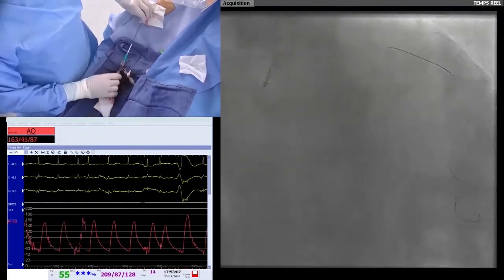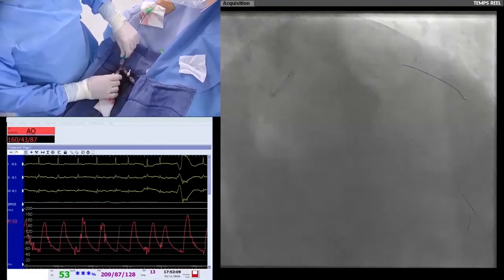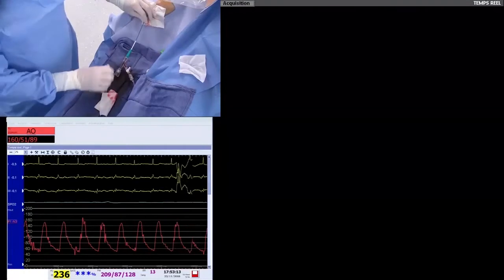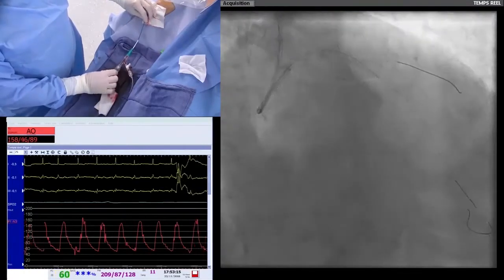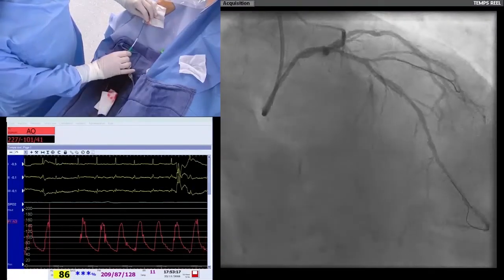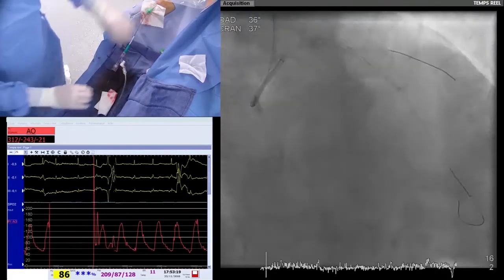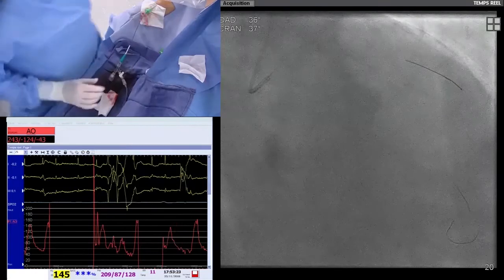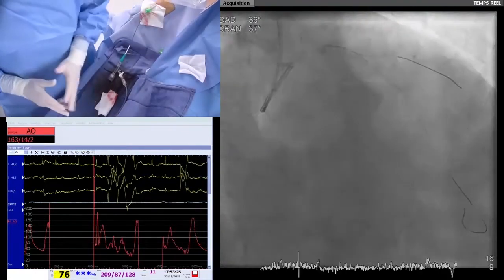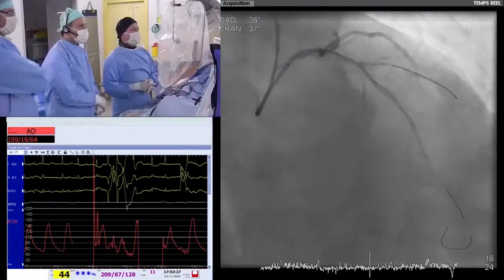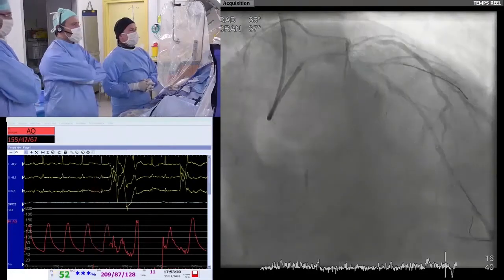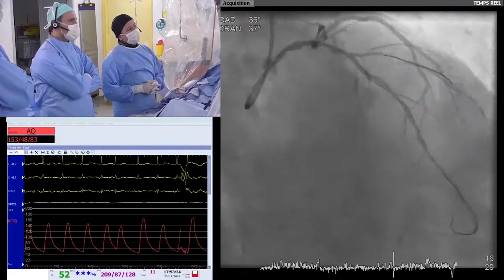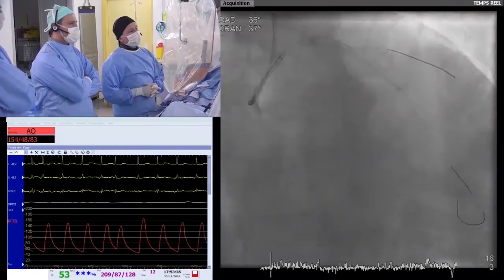I will try to engage a little bit, and we will do an angio. Okay. Now I have to disengage and we will discuss, sorry. Okay, so you can see the 2 wires in both branches. We induced a dissection in the mid LAD with the balloon inflation.